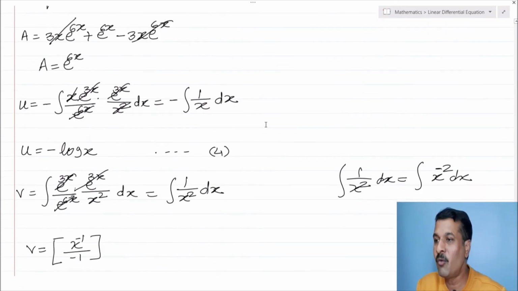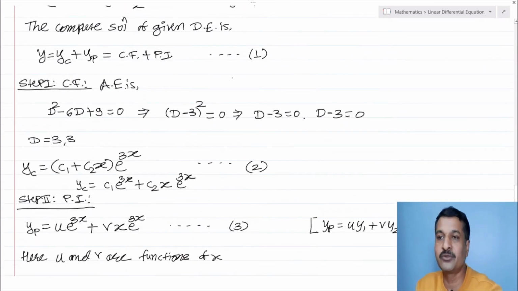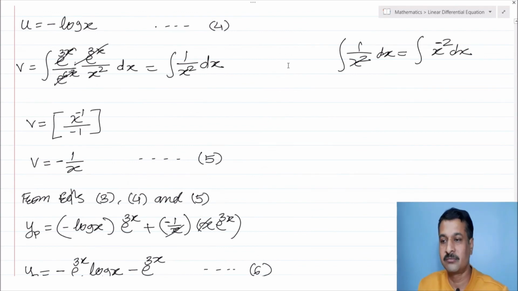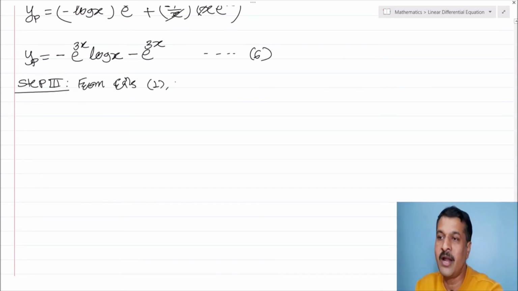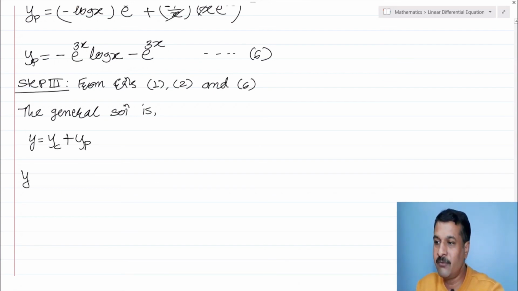So we have yc and yp. If we have both values, you just substitute in equation 1 and you will get the complete solution. So now step number 3, that is the collection of all. From equations 1, 2 and 6, the complete, or you can say the general solution, is y equal to yc plus yp. So what is the value of yc?